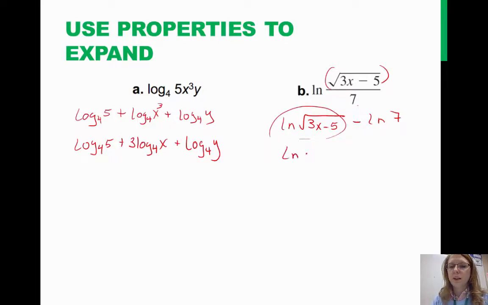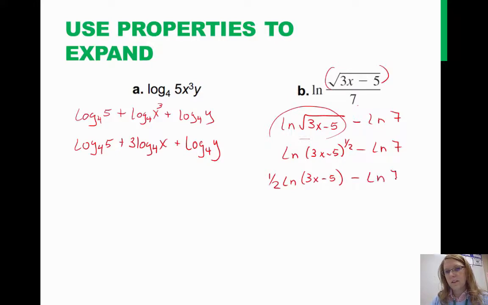I can rewrite that as 3x minus 5 to the 1/2 power. Because I can write it like that, I can move that half out in front. I'm just going to rewrite this. Okay, so it's 1/2 natural log of 3x minus 5, minus ln of 7.